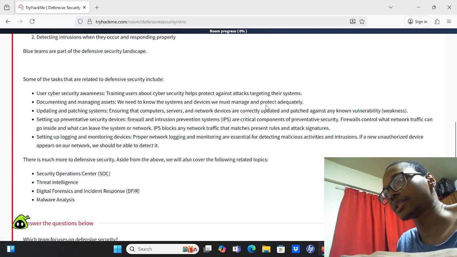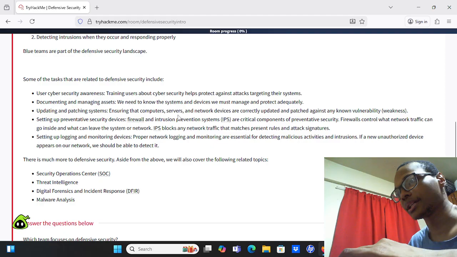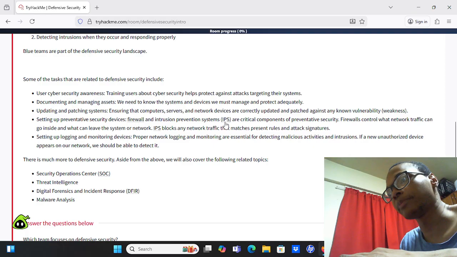Updating and patching systems, ensuring that computers, servers and network devices are correctly updated and patched against any known vulnerabilities and weaknesses. Setting up preventive security devices: firewalls and intrusion prevention systems, IPS, are critical components of preventative security. Firewalls control what network traffic can go inside or what can leave the system or network. IPS blocks any network traffic that matches preset rules and attack signatures.